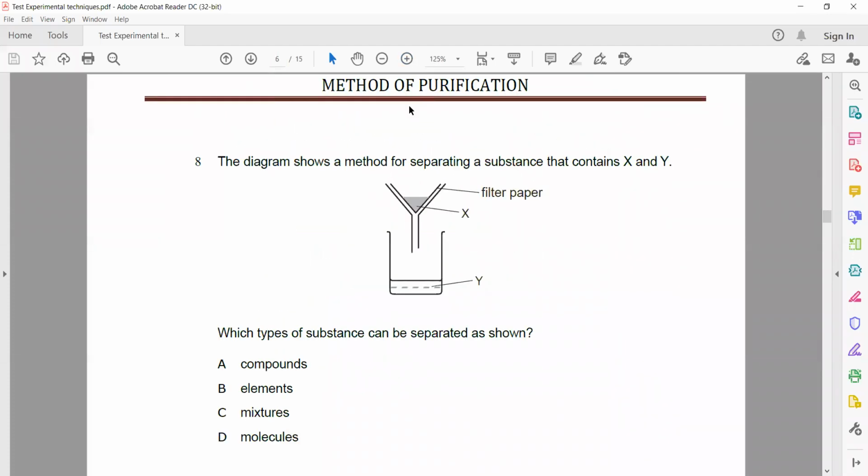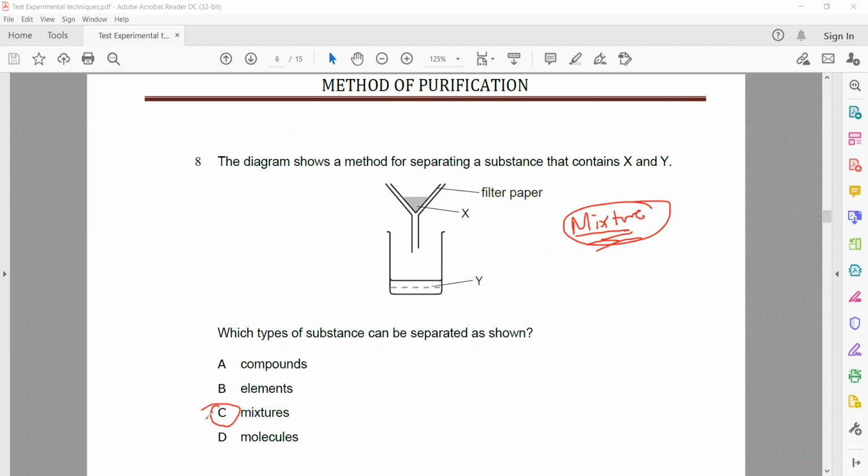The diagram shows a method for separating substances X and Y. Which type of substance is separated? The methods of separation are used to separate mixtures. So all these techniques, chromatography, fractional distillation, simple distillation, crystallization, are used to separate mixtures from each other.